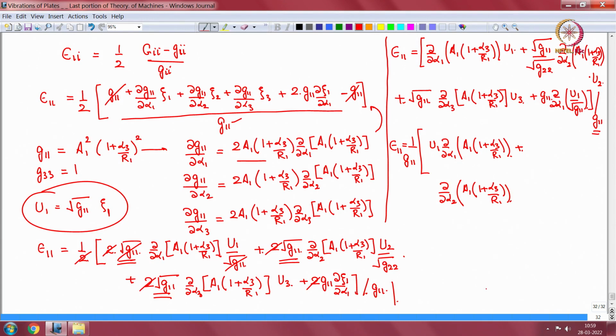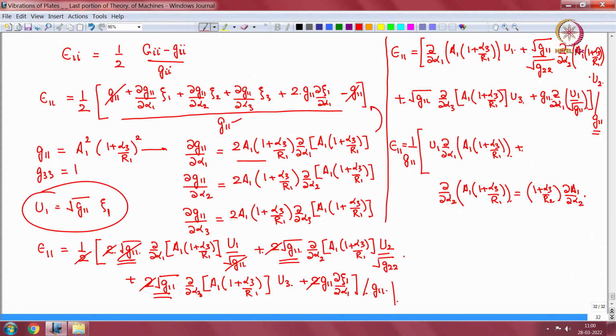That's our Gauss Codazzi relation. Okay, that is equal to (1 plus alpha 3 by R2) del A1 by del alpha 2.